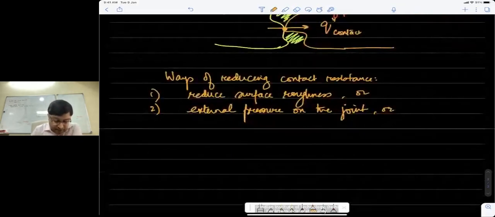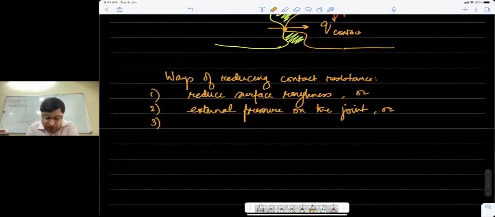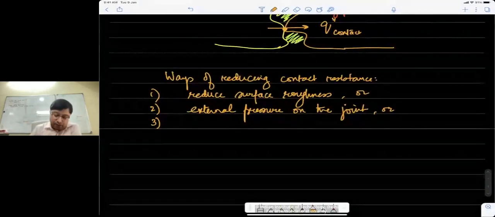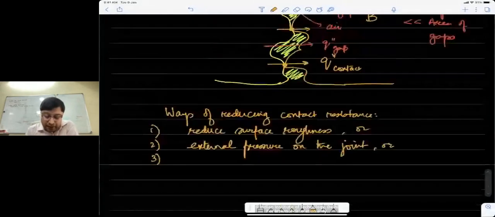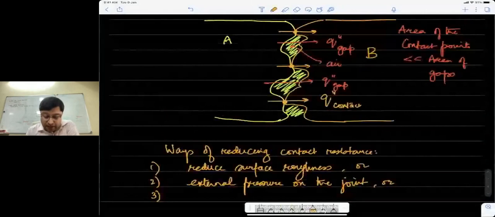And the third way, which is very commonly used, especially when you cannot reduce surface roughness or you cannot have an additional load to compress the point of contact, is to use some kind of material to fill these gaps, a material which has a thermal conductivity more than the conductivity of air.